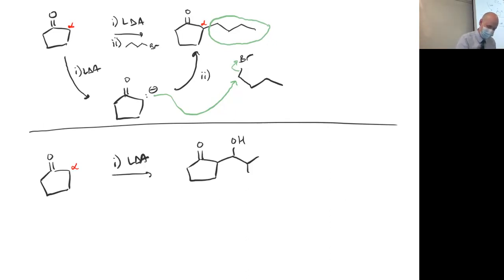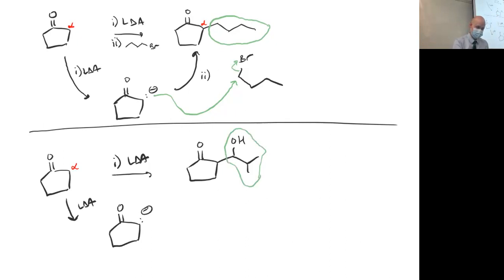LDA will turn 100% of your cyclopentanone into an alpha carbon nucleophile. So this is the chunk that you're attaching at your alpha carbon. Your alpha carbon became a nucleophile, so what does your other chunk need to be? Electrophile, right.